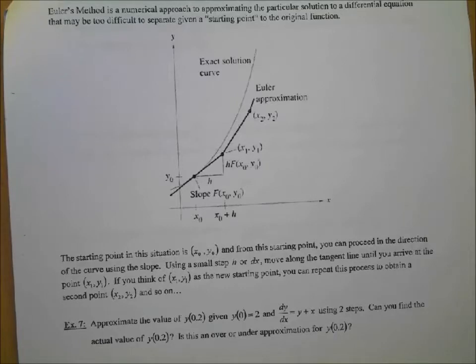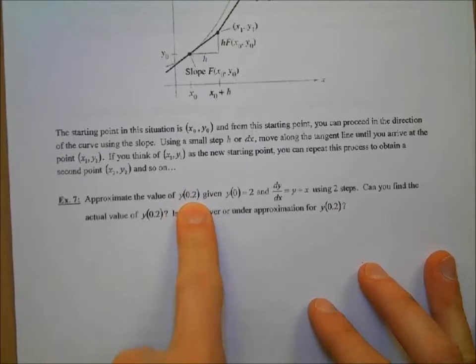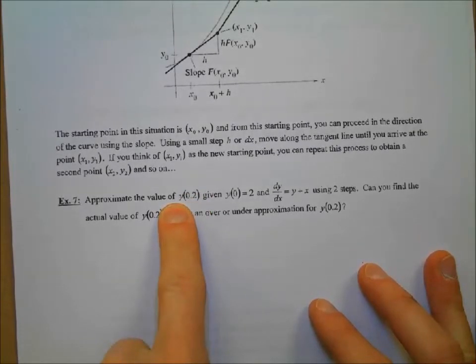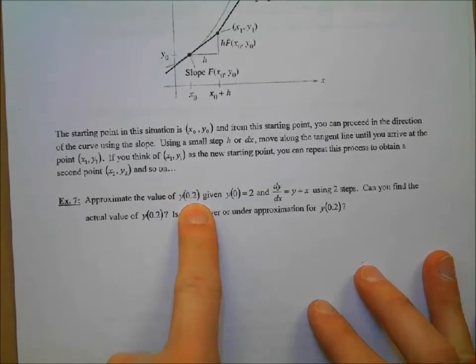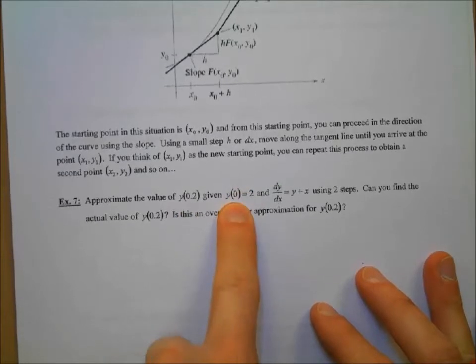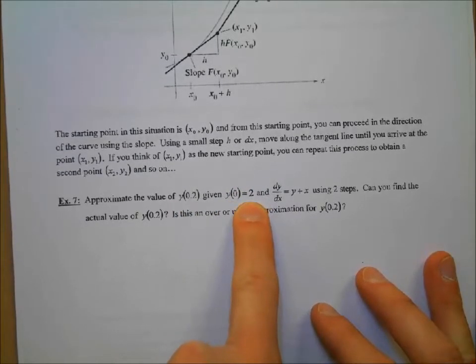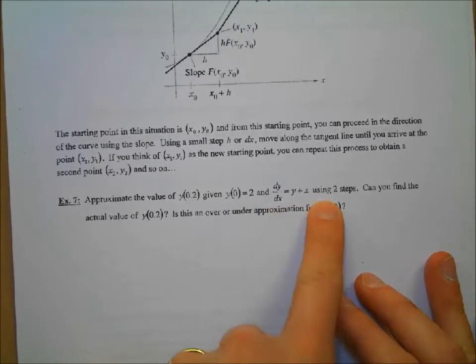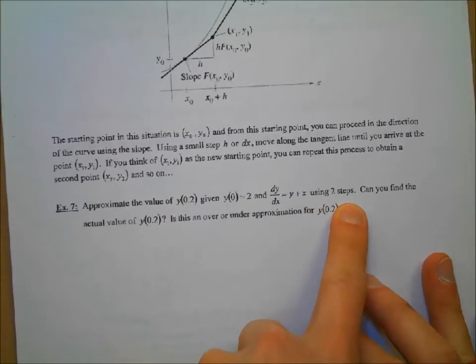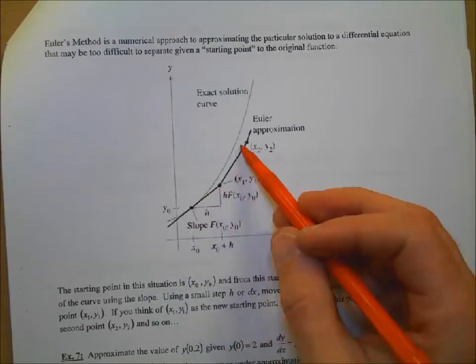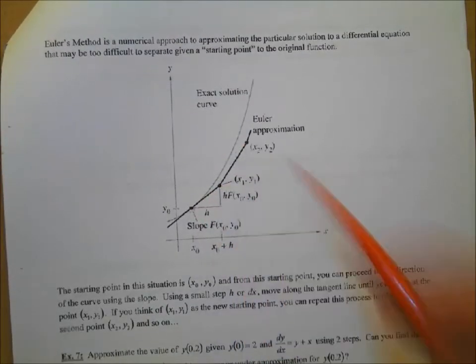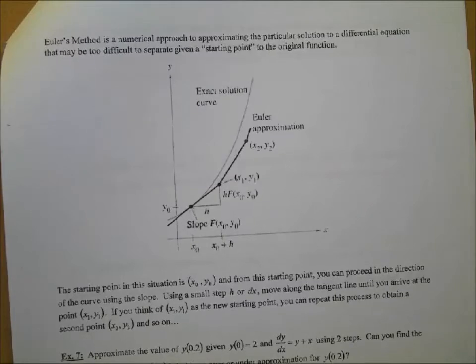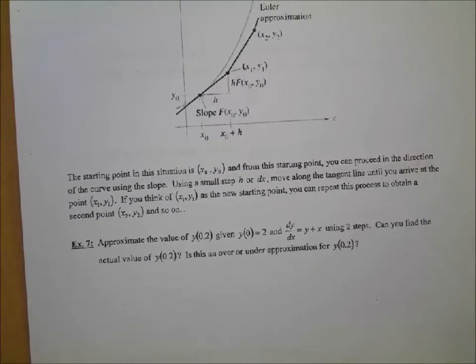All right. So again, we're looking to approximate the value of the function at the x-coordinate 0.2. We're given that at x-coordinate 0, the function value is 2. And we're going to again use this differential equation. And we're going to use 2 steps. In other words, we're going to do 2 applications of the Euler approximation step.